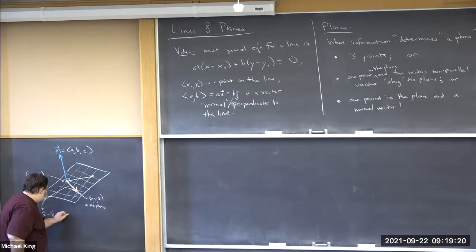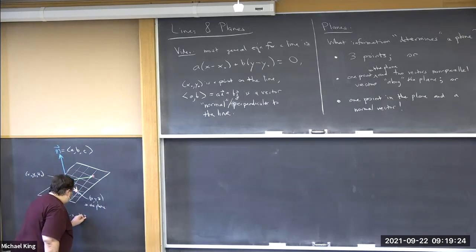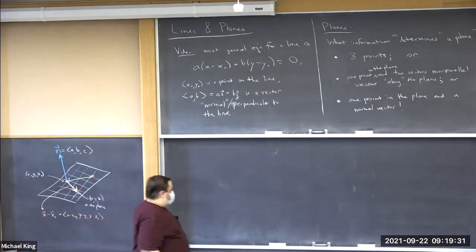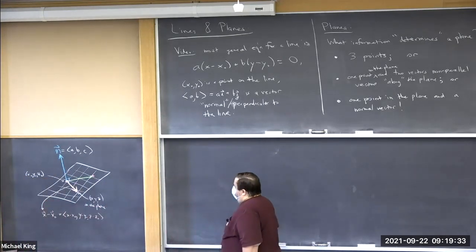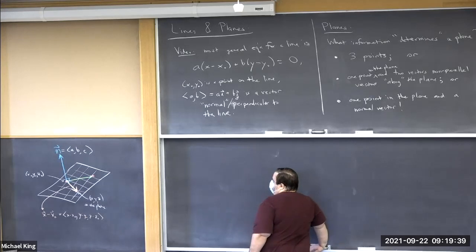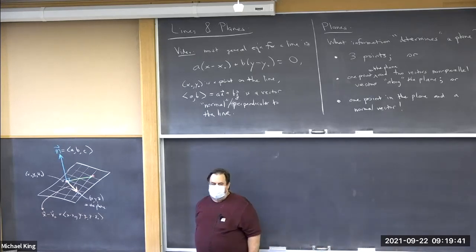So that's x minus x naught, y minus y naught, z minus z naught. Okay. And so if you think about it, the point x, y, z is in the plane if and only if those two vectors are perpendicular.